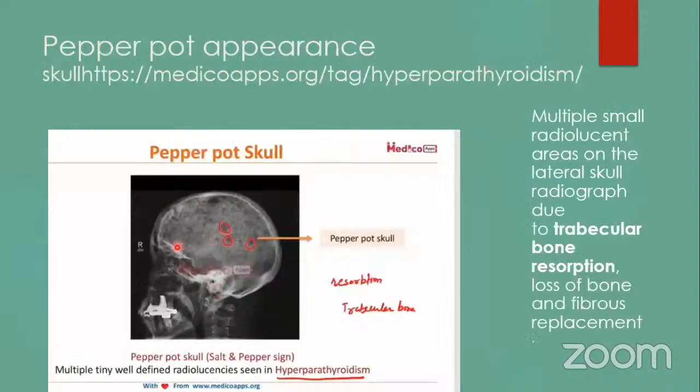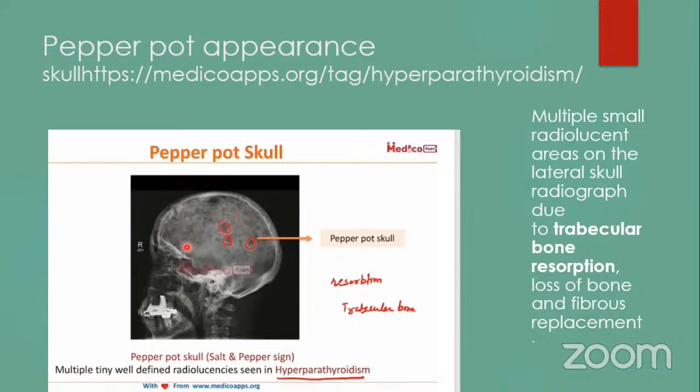So this is a pepper pot appearance of the skull. This is where we have had resorption of the bone. So we have lost bone, and it's generalized. You can see that it is everywhere. You can see the multiple radiolucent areas. I believe those are the areas that would look like the pepper, which is black pepper, that is.